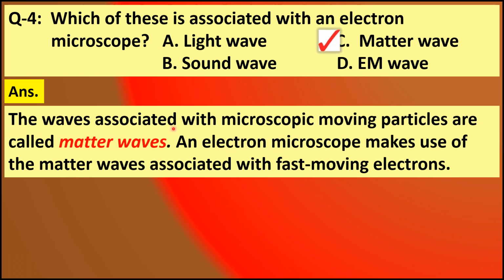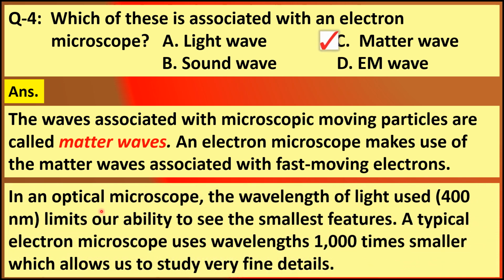The waves associated with microscopic moving particles are called matter waves. This is exactly what the de Broglie hypothesis is referring to. And one of the applications of the de Broglie hypothesis is the use of an electron microscope. An electron microscope makes use of the matter waves associated with fast-moving electrons.